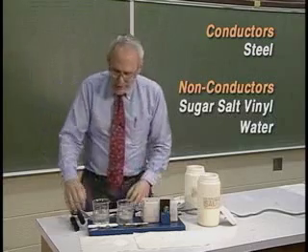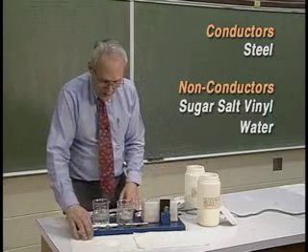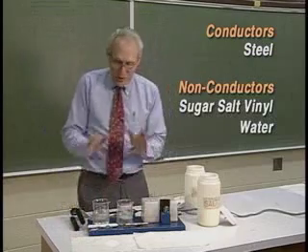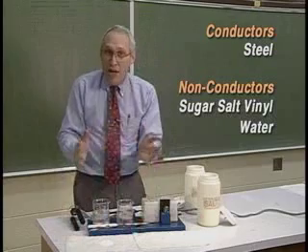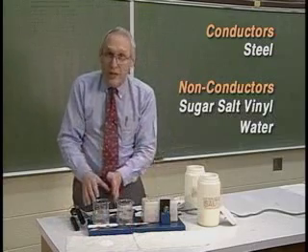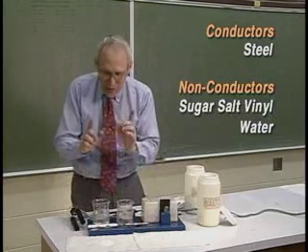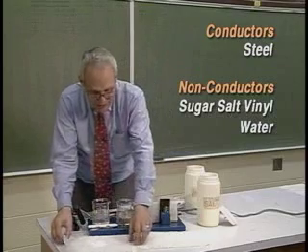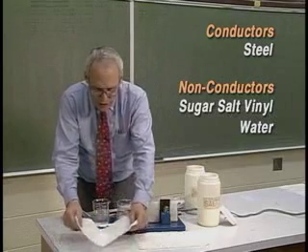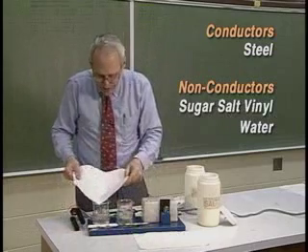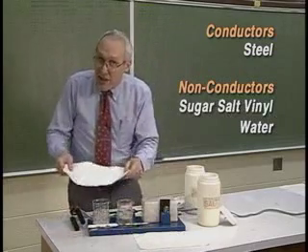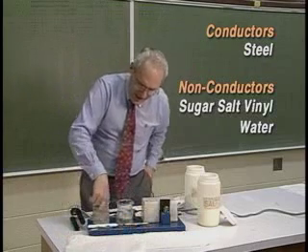Now let's see what happens if we do the following thing. This is most peculiar. Consider this sugar. Well, we just showed that the sugar is a non-conductor, and the water is a non-conductor. Now look what happens. This is a really fascinating thing. You take the sugar, which is a non-conductor, you put it into the water, which is a non-conductor, and then you stir it.